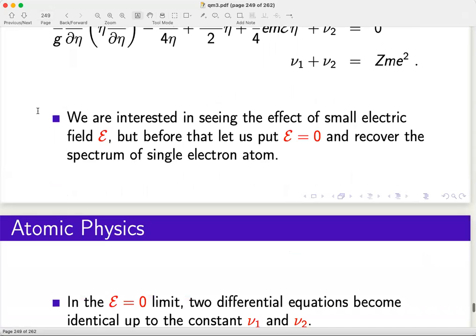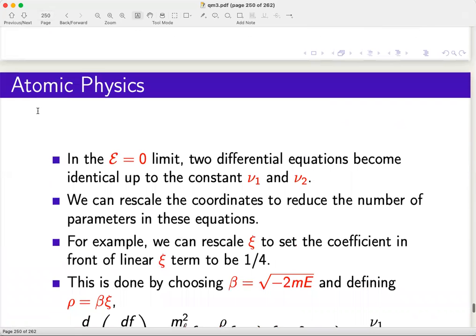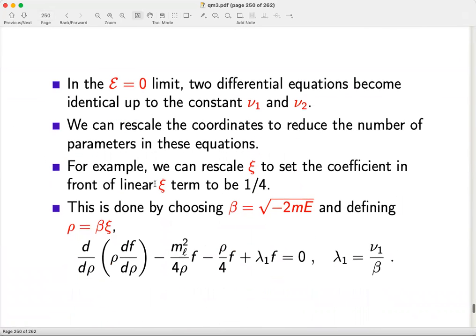This rescaling, to get the coefficient in front of xi to be 1/4, would correspond to choosing a new variable rho, written by rescaling xi by beta, where beta is the square root of minus 2m. If you do that, then your equation is going to look something like this.